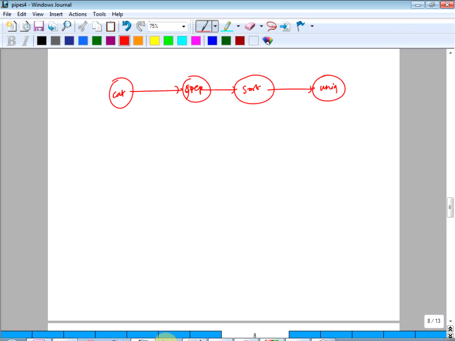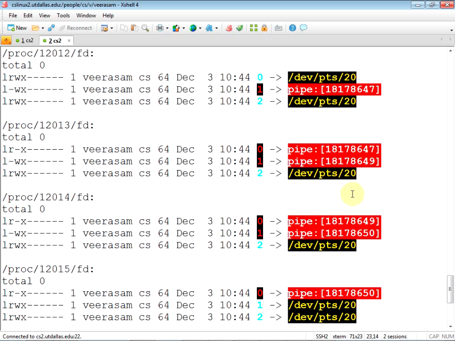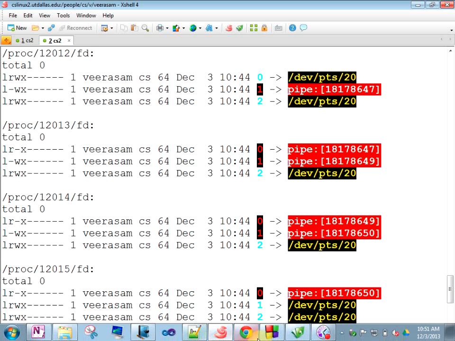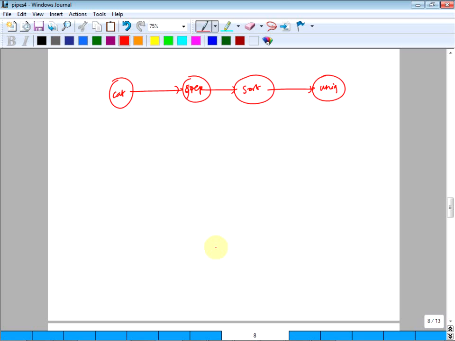Is that what it was? Just 3 pipes? 1, 2, 3. Yeah, 3 pipes, right? So it creates 3 pipes. So this is our target configuration. So first, what the shell does, right?